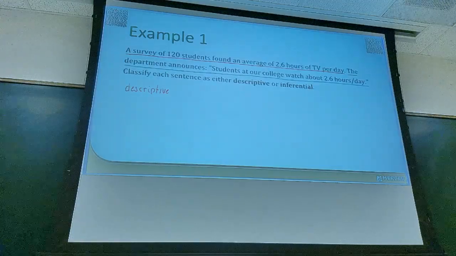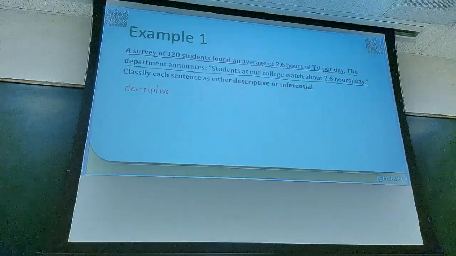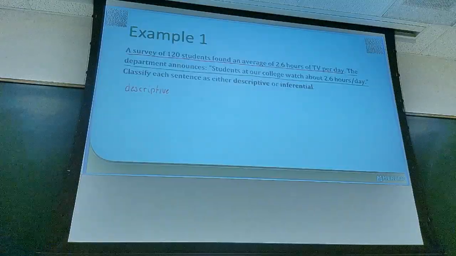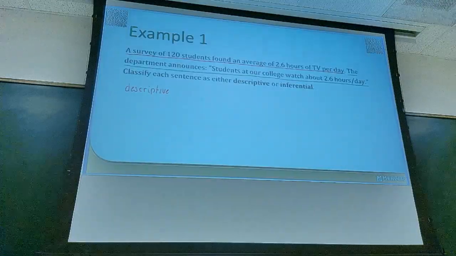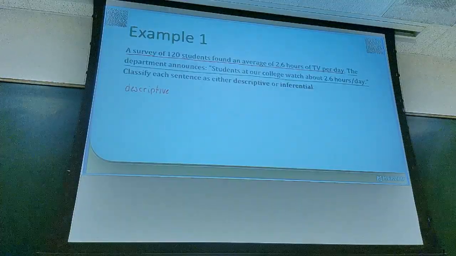What are some keywords we can use to find out descriptive? It's basically, are you inferring something or are you just describing something? In this case, it's just describing the sample, right? We're not really making any kind of conclusion about the sample.